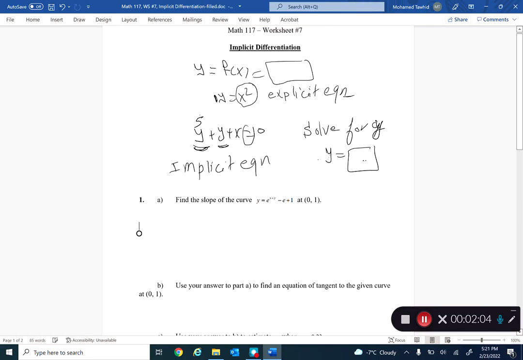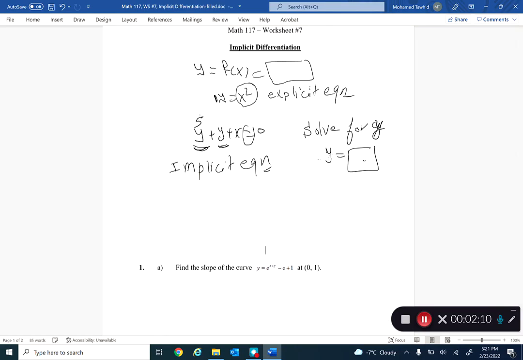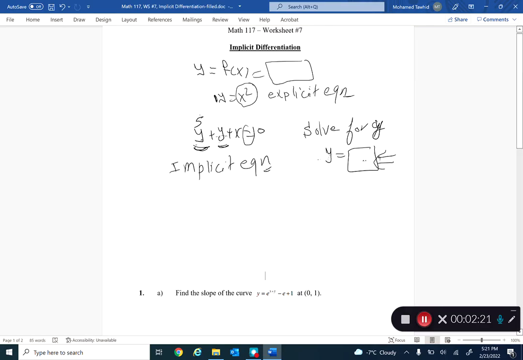Why implicit equation? Because we are not able to bring y to one side and the other terms to the other side, where the other side must be a function in x with no y involved. But here, look, you have two terms that have y. I cannot really separate them, and this we call implicit.